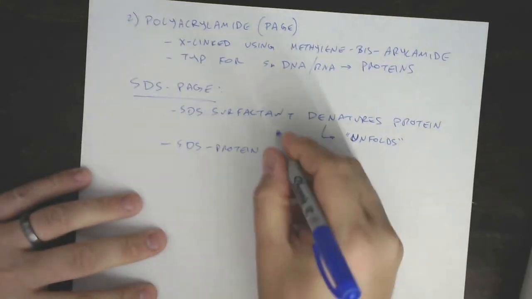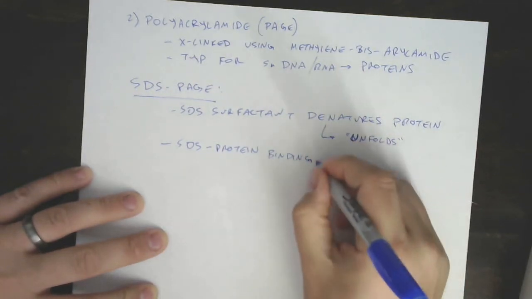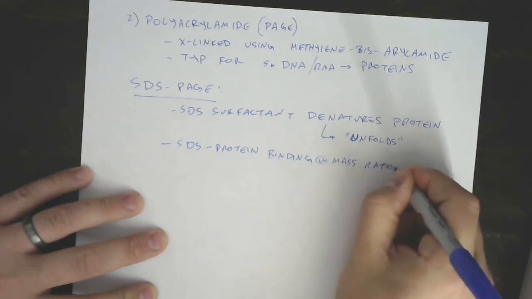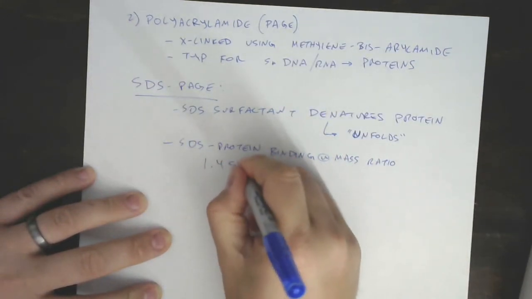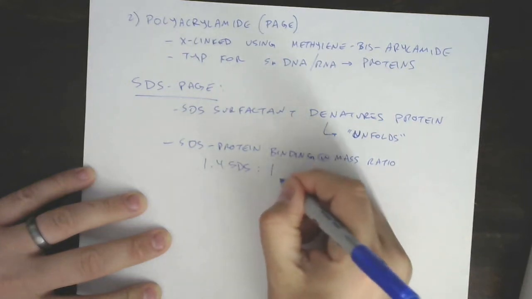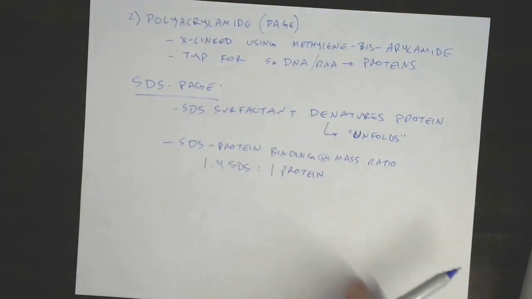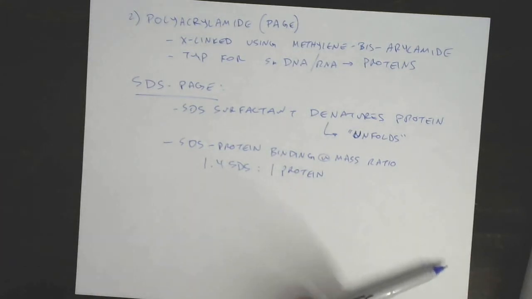But you get this SDS to protein binding at a very high mass ratio of 1.4 grams of SDS per 1 gram of protein. And so basically you can picture these proteins unfolded and completely decorated by non-covalent interactions by these SDS molecules.